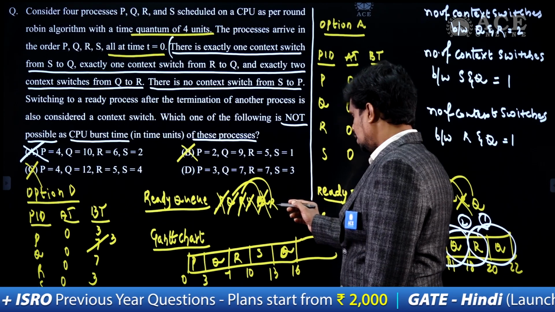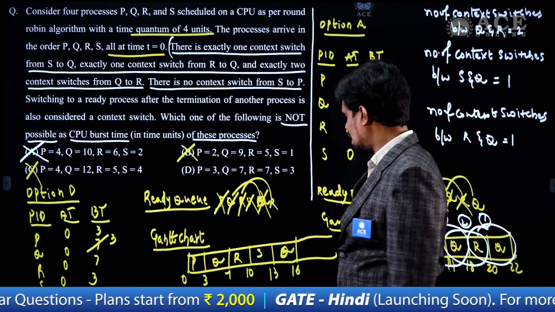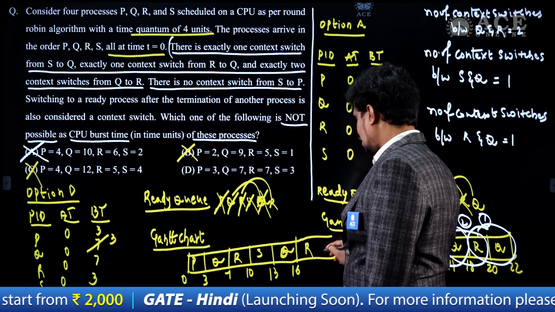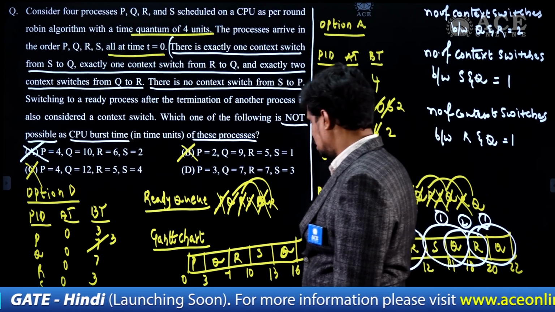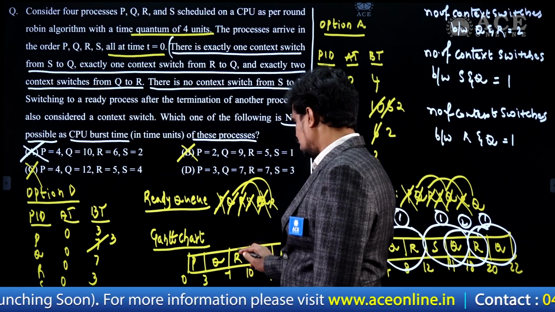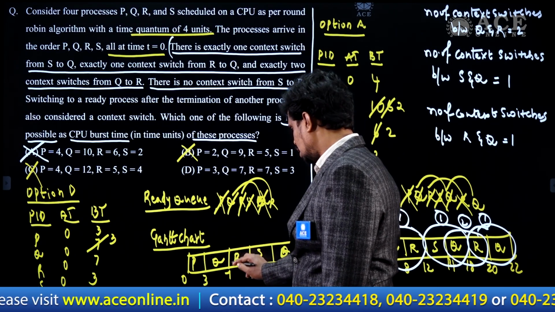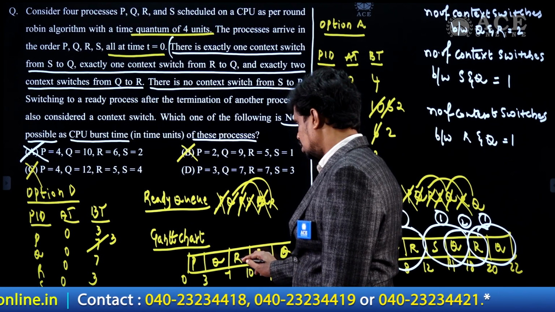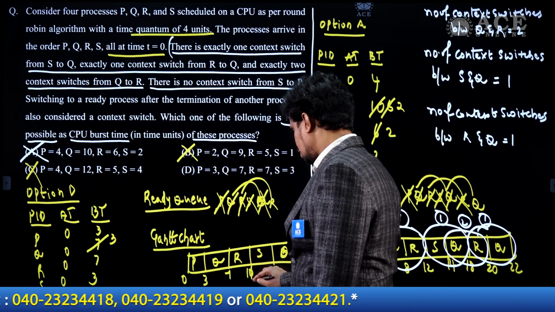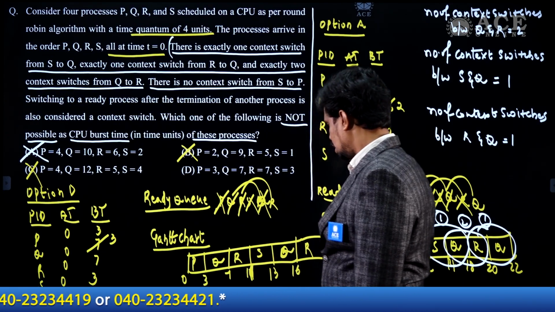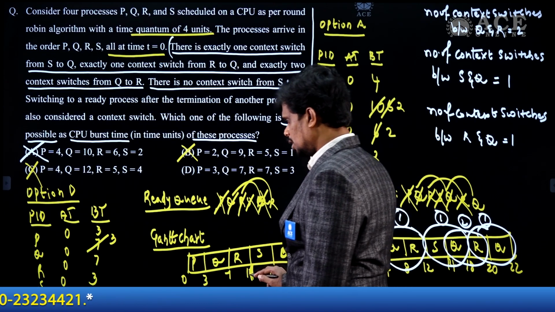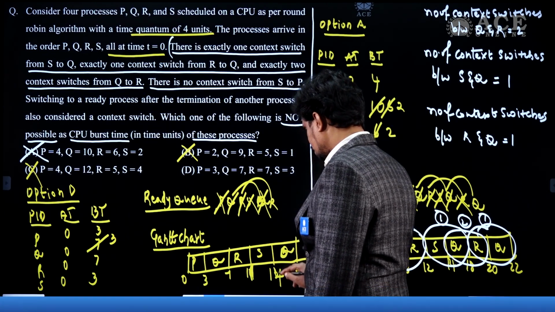Next, we have the process R. If we verify, R previously executed 4 units. So 7 plus 4, 11, and this is going to be executed till 14.